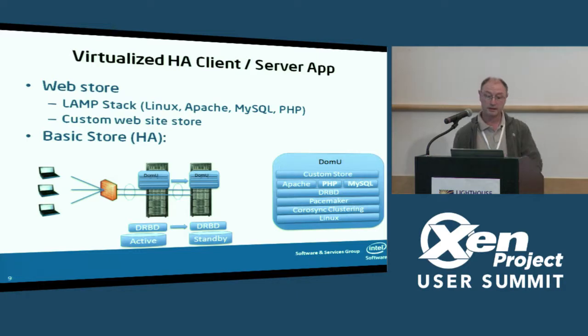All within the VM. Replicate those VMs across our servers. So we still have the dual servers, we still have the dual storage and networking, to make everything work there. So it's very similar with virtualization and without.